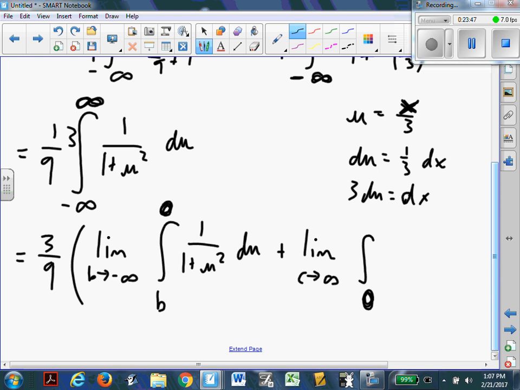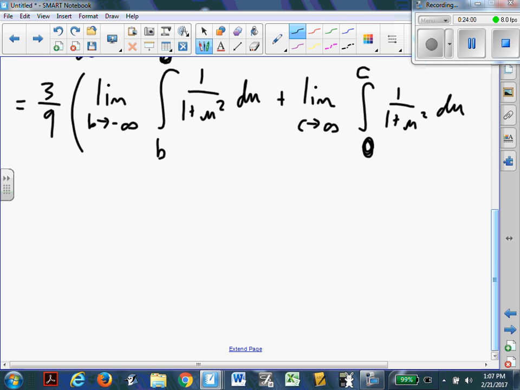There was a theorem that we could break up integrals. If you're going from a to b, you can go from a to some number and then from that number to b. So this goes to c of this. Okay, so now this is 3/9.